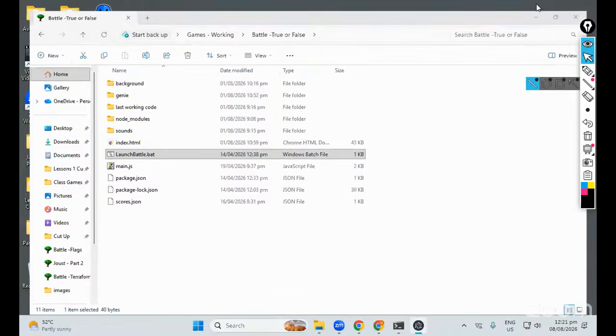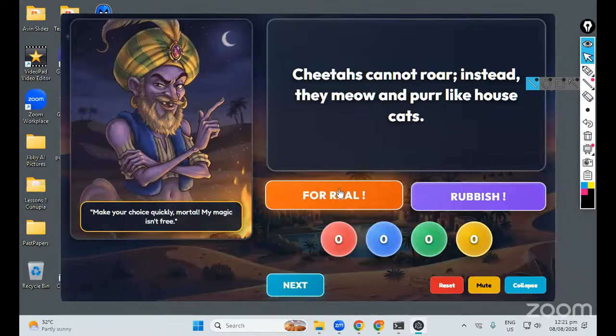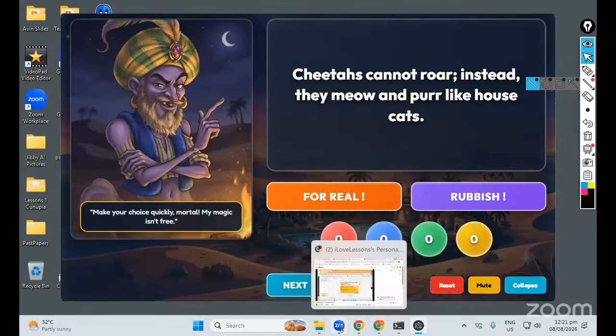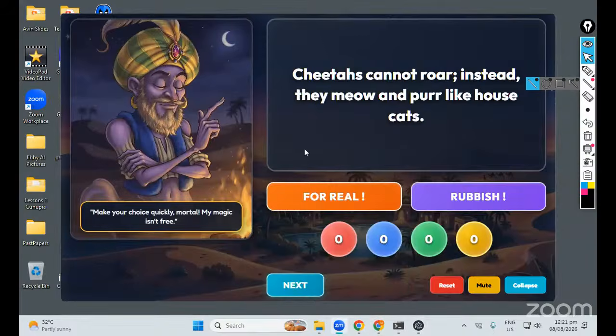Let me see. Okay. What about this one? That one is true, but the game had it open twice and it showed me who's boss. So let's do another poll question with this one. Cheetahs cannot roar. Instead, they meow and purr like house cats. That sounds very strange.